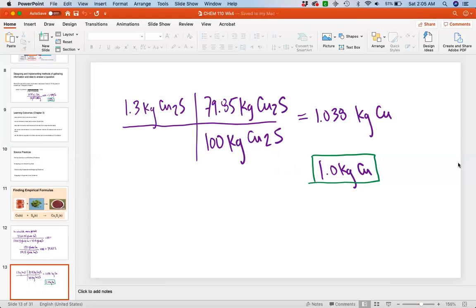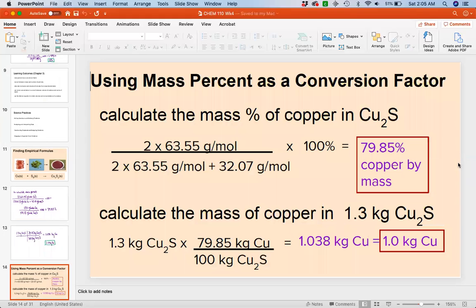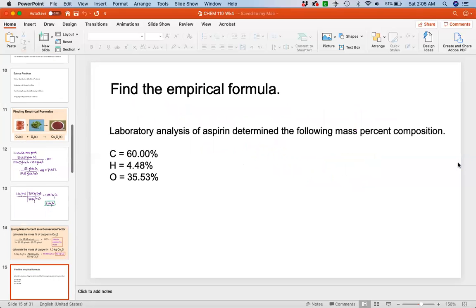So 1.038 kilograms copper, or at least in terms of our reported value, 1.0 kilograms copper. So if we think about using mass percent as a conversion factor, here's a quick summary of the same calculation. It shows you the setup as well as using it as a conversion factor.